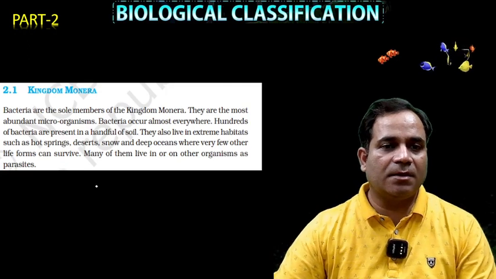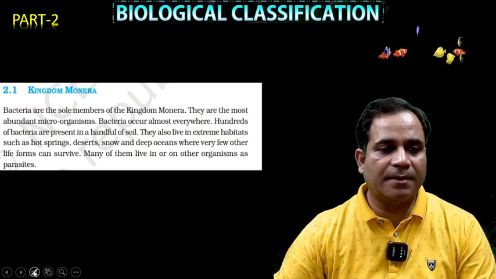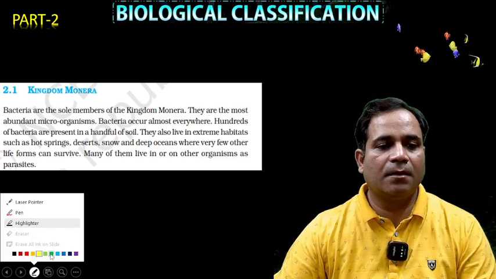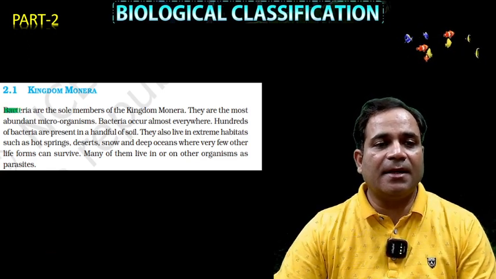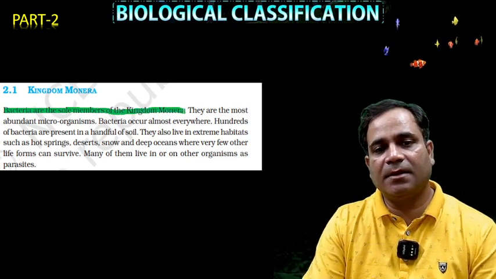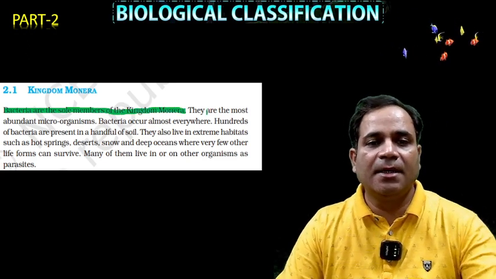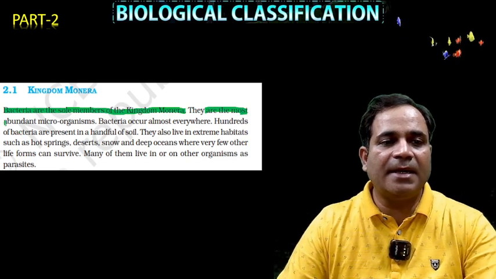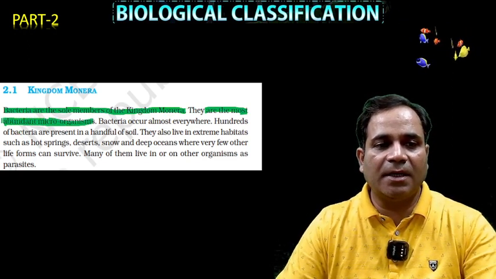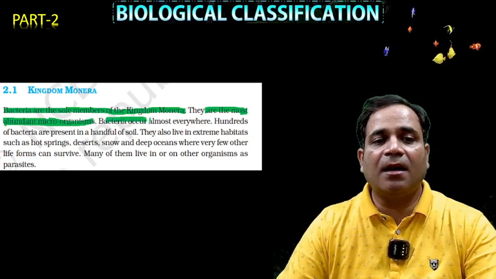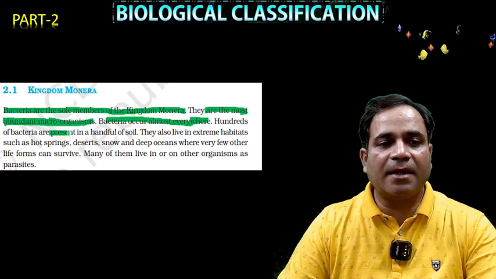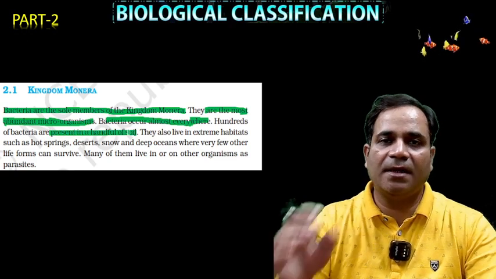So bacteria are the sole member of kingdom Monera. This line I have written in the previous slide. The most abundant microorganisms. Most abundant means they are found in large amounts. So bacteria occur almost everywhere. Hundreds of millions of bacteria are present in a handful of soil.